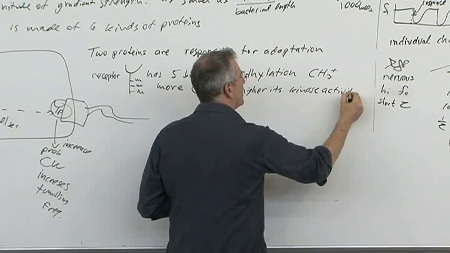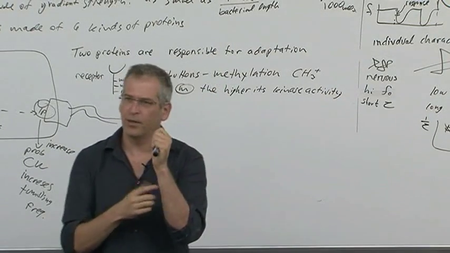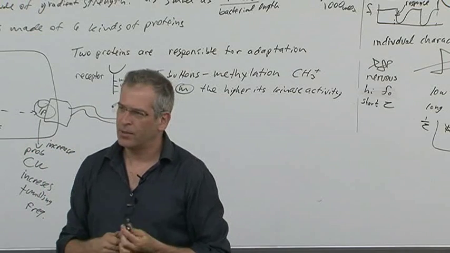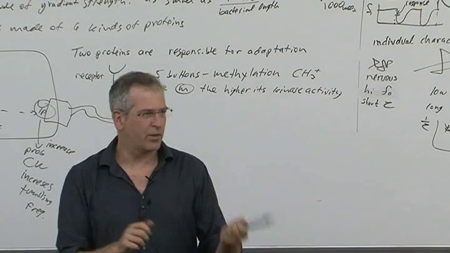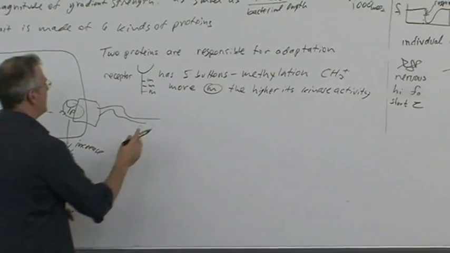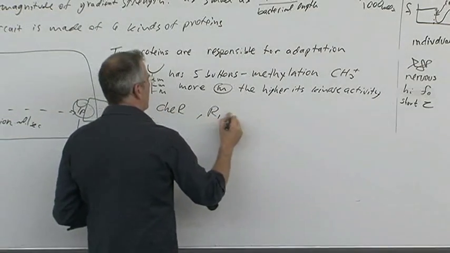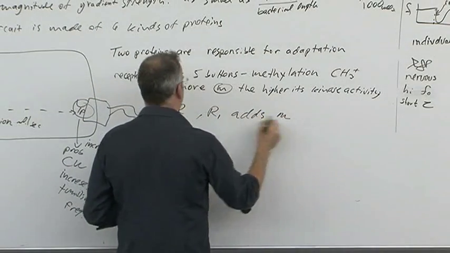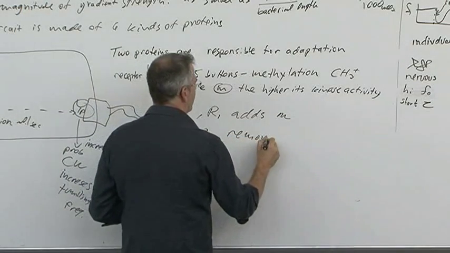So this is a way to reset. If you bind with attractant and you start methylating, you recover the activity. Okay? So there are 2 chemical modifications here, phosphorylation and methylation, 2 different kinds of chemical modifications. And this is carried out by 2 proteins. CheR, which we'll call R, adds the methyl groups, and CheB, which we'll call B, removes them.